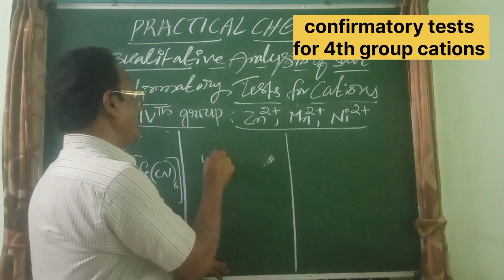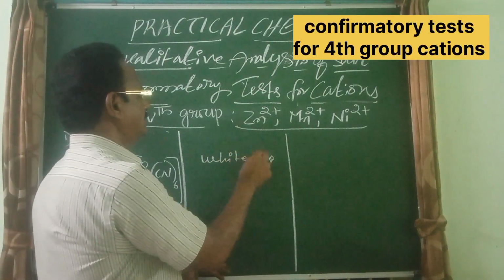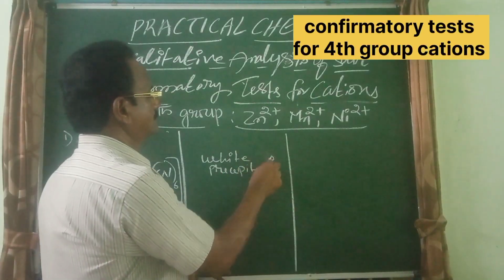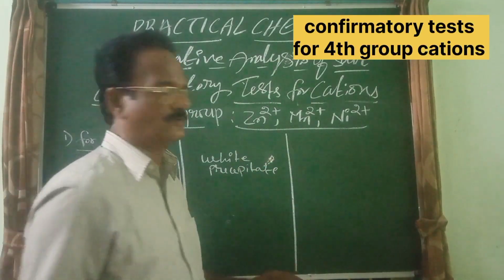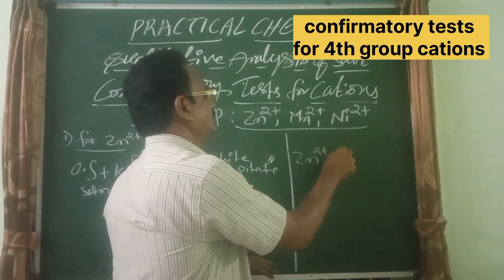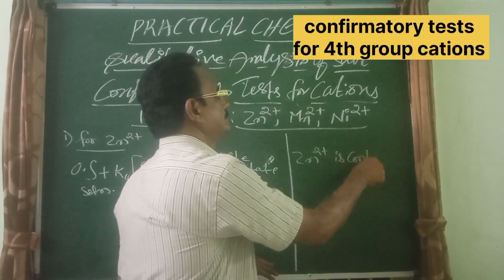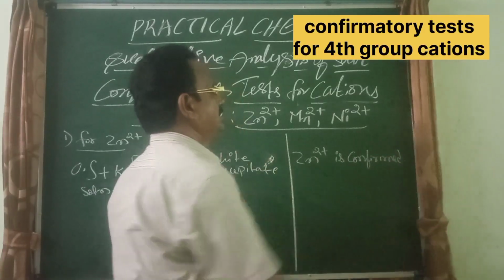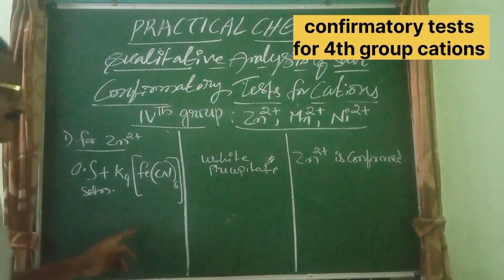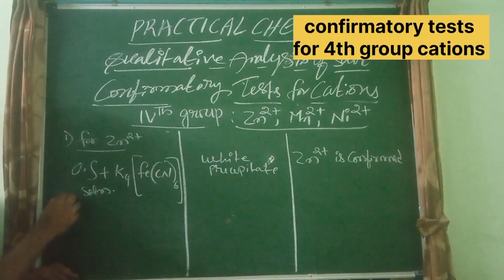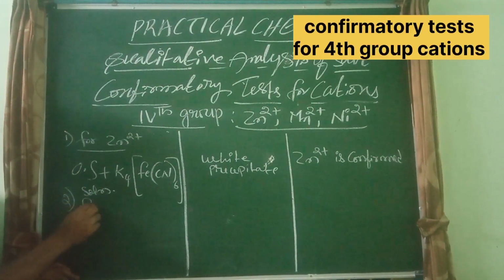It will give a white precipitate if there is zinc. Okay, then we can say that Zn2+ is confirmed. Okay, this is the confirmatory test for zinc. Okay, let us go for manganese.